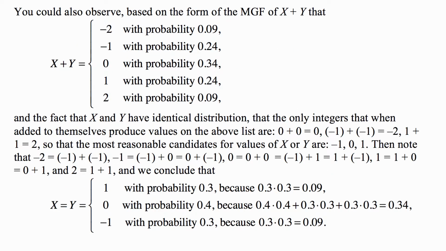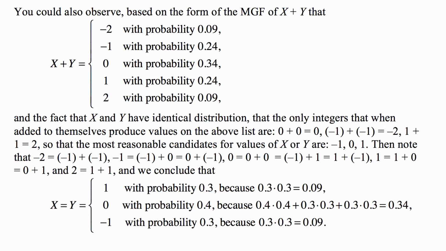You could actually just get it done from what you see. The MGF of x plus y tells us that x plus y has to be negative 2 with probability 0.09, negative 1 with probability 0.24, 0 with probability 0.34, 1 with probability 0.24, and 2 with probability 0.09.